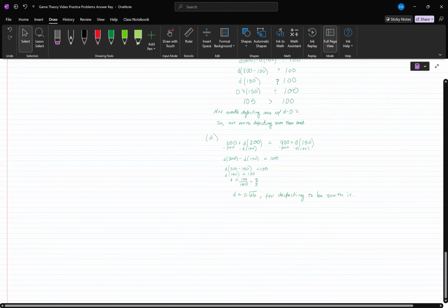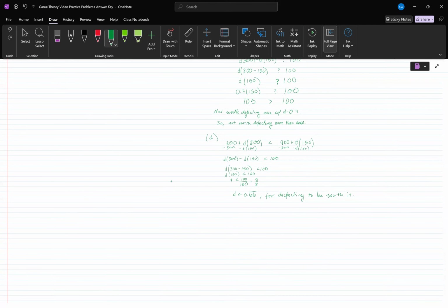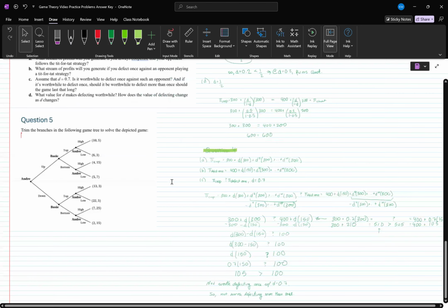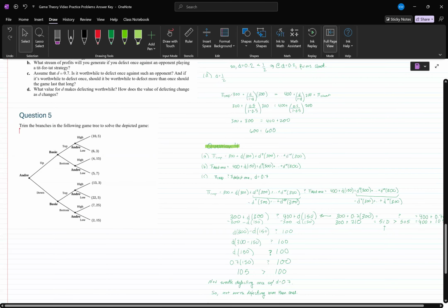So if we had 150 times 0.2, that's 30. 150 times 0.66, that's 90. So the value of defecting grows because the value of cooperating is going to fall, right? They're both going to fall, but what we'll likely see is the value of cooperating falls faster than the value of defecting. And thus it's more attractive.